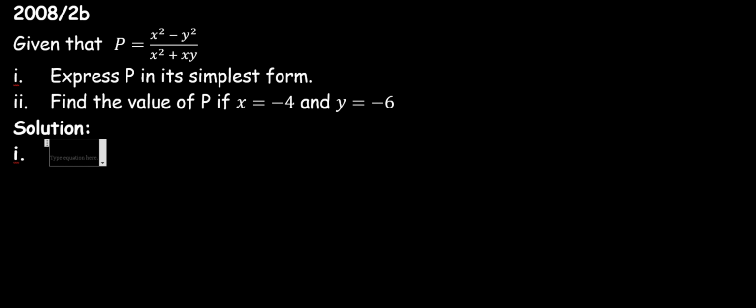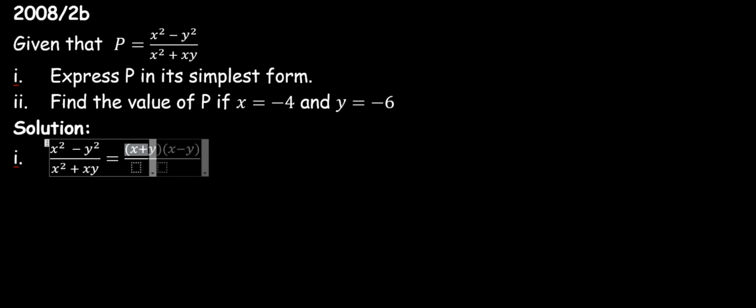That is x squared minus y squared divided by x squared plus xy. If you look at the numerator, it's a difference of two squares. So that will give us x plus y, bracket open and close, into another x minus y, bracket open and close. At the denominator, we just factor out x and we'll be left with x plus y. We cancel out and our result will be x minus y divided by x.